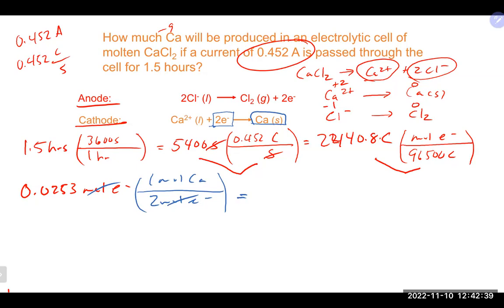We'll times it by 2. That gives 0.051 moles of calcium. And at this point, if I wanted to know how many grams that would be, I would go to the periodic table, look up calcium, 40.08, I think.